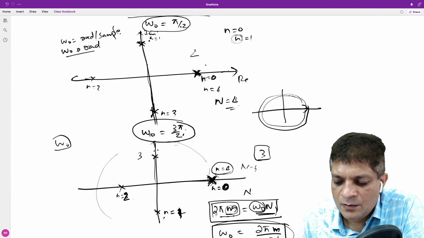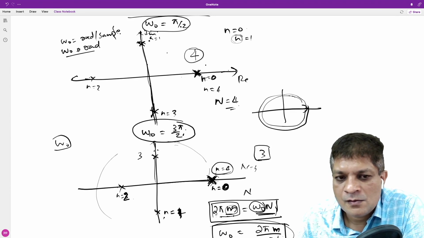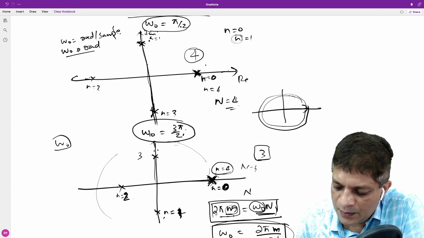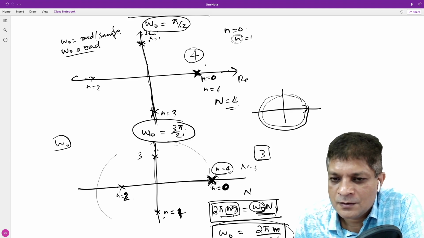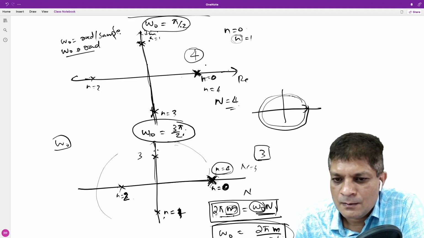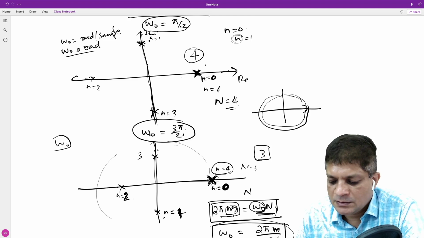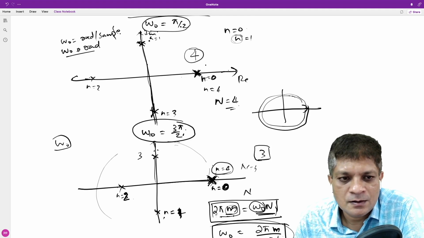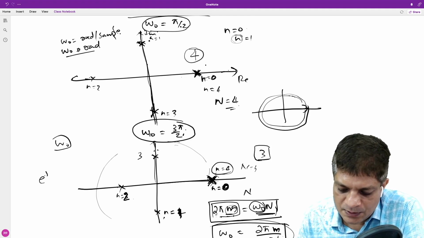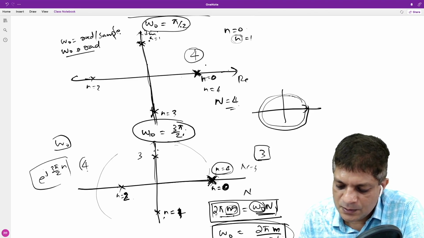Is it 4? And what about the fundamental period of this? What is the fundamental period of the signal e to the power j 3 pi by 2 n? It is also 4, isn't it?